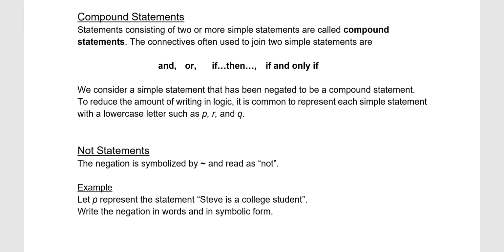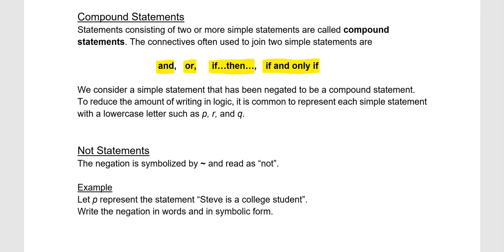So for the next thing, we have compound statements. Statements consisting of 2 or more simple statements are called compound statements. The connectives we mentioned earlier, the ones we're going to use to join 2 simple statements, are and, or, if then, and also this other one, if and only if.